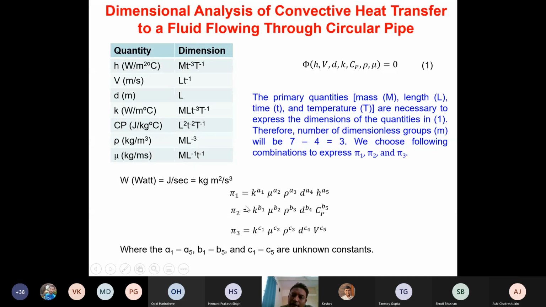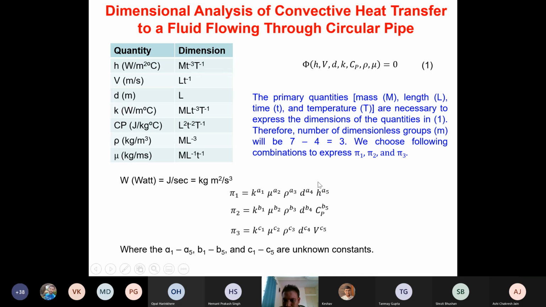So I can have the relations for pi 1 differently. Instead of this, I can use k varied and h made common: h raised to the power a1, mu raised to the power a2, rho raised to the power a3, d raised to the power a4, and k raised to the power a5. Similarly, I can vary k, Cp, v, or I can vary mu, Cp, v, or any other 3.